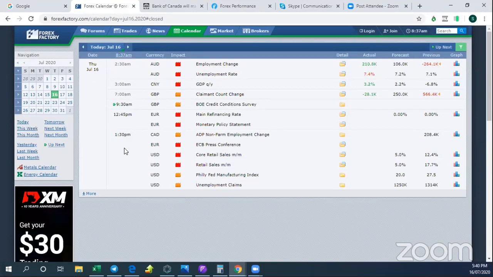So we've got roughly 4 hours and 5 minutes before the monetary policy statement. And we've got another 45 minutes after that before the ECB press conference. Then, of course, at the same time, we've got US retail sales coming out. That could be a little bit of a ride right there for the euro versus the US dollar.